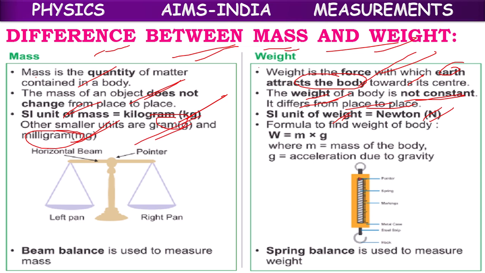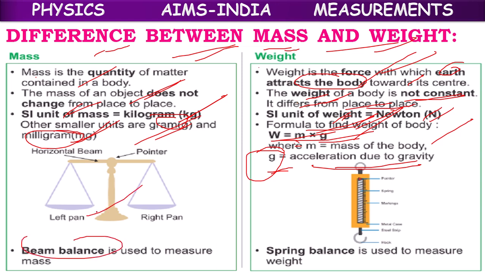There is no formula for mass, but the formula for weight is W equals mg, where m is mass of body, g is acceleration due to gravity or gravitational field strength. Mass is measured by beam balance, weight is measured by spring balance. How we are going to measure that we will learn in the next videos.